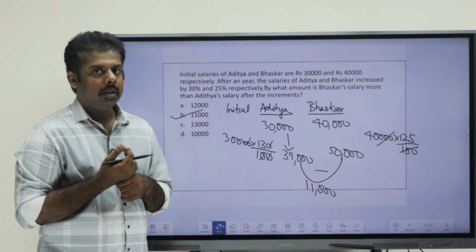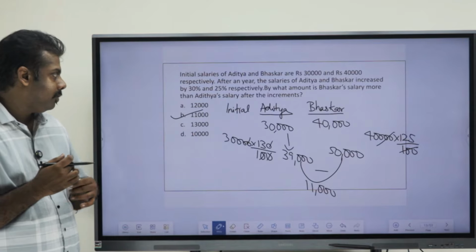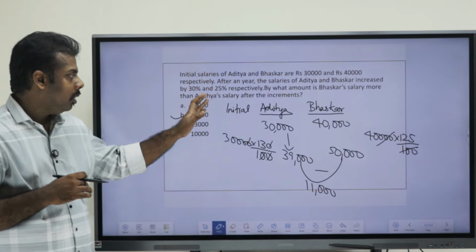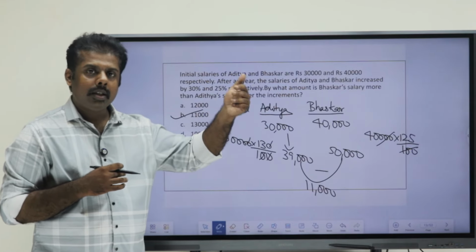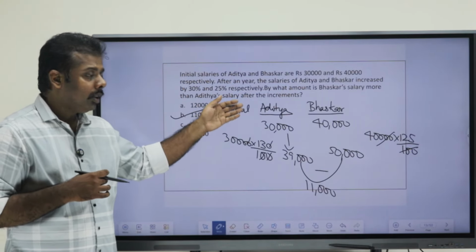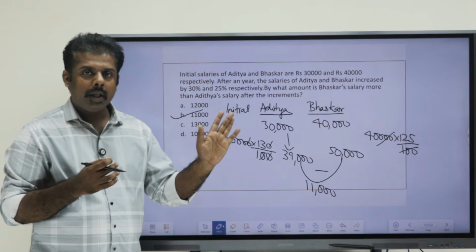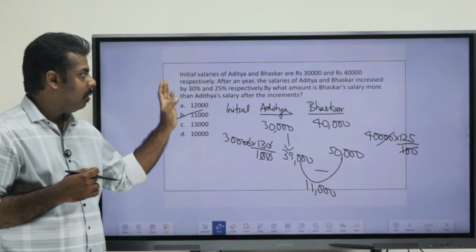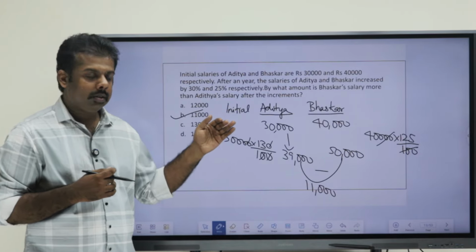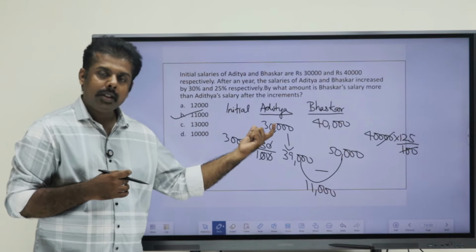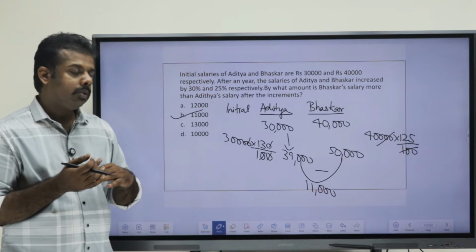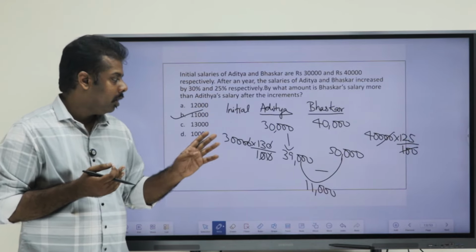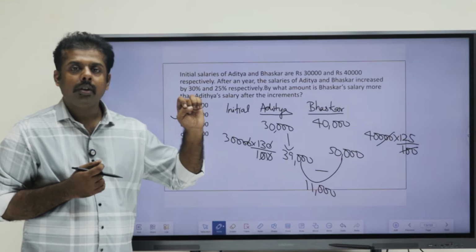11,000. Okay. So, I hope that you got the solution of this question as well. Same logic here: they had given their initial salaries directly, and they had told that their salaries had increased by 30% in the case of Aditya and 25% in the case of Bhaskar. So, since Aditya's initial salary is 30,000, we just found 130% of his initial salary to find his salary after the increment.